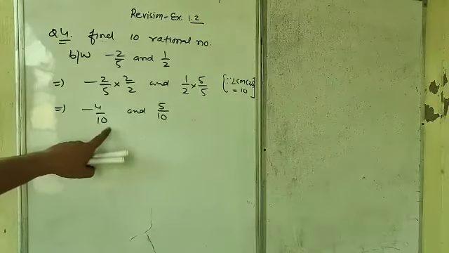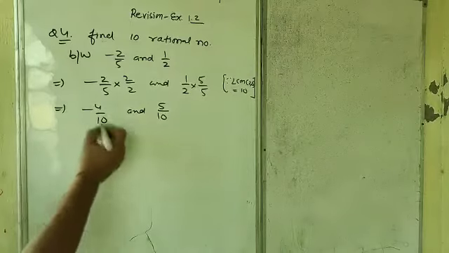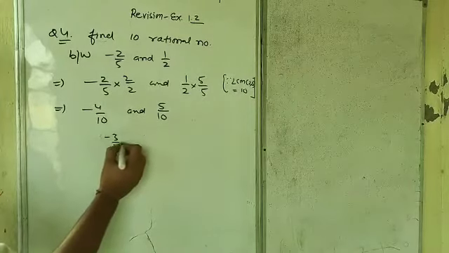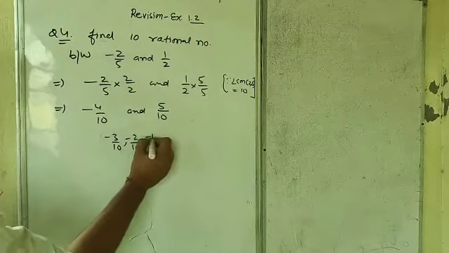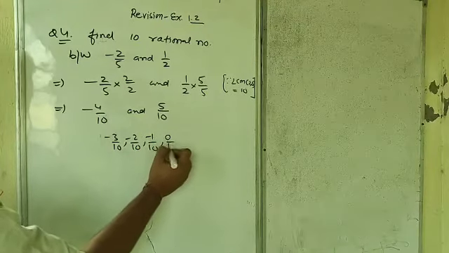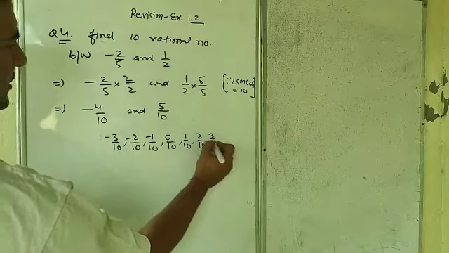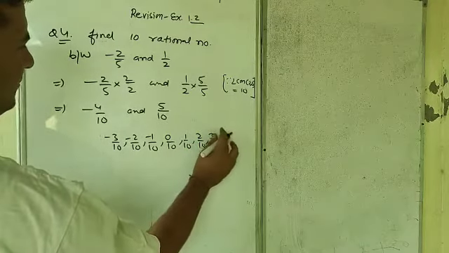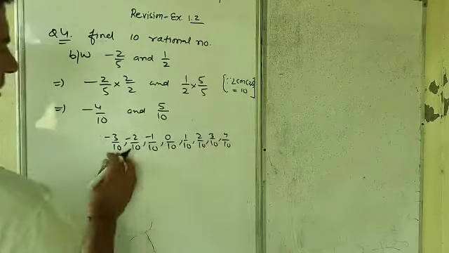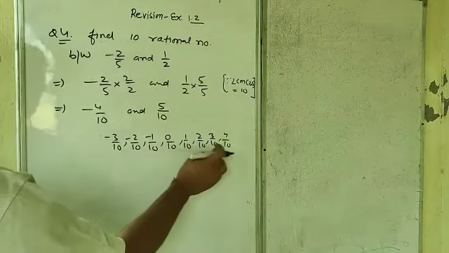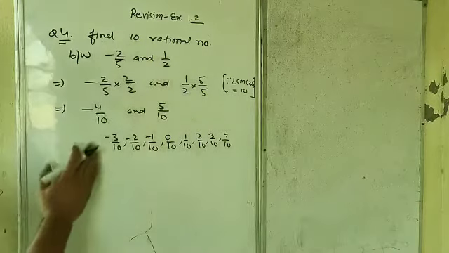Now are there 10 rational numbers between them? -3/10, -2/10, -1/10, 0/10, 1/10, 2/10, 3/10, 4/10. 1 2 3 4 5 6 7 8, not 10 rational numbers.